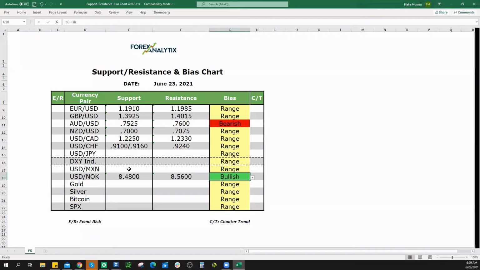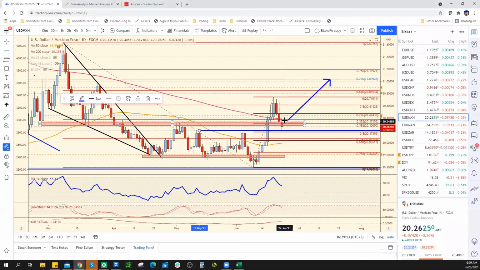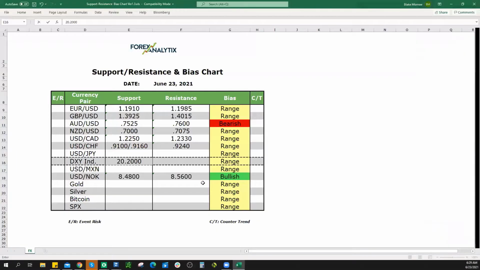So I'm going to write down 2020. We have to get back above the 200-day moving average, which is 2040. One thing that's keeping this thing capped is that stocks continue to be really strong.